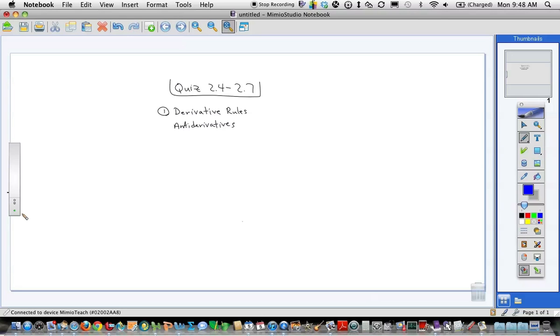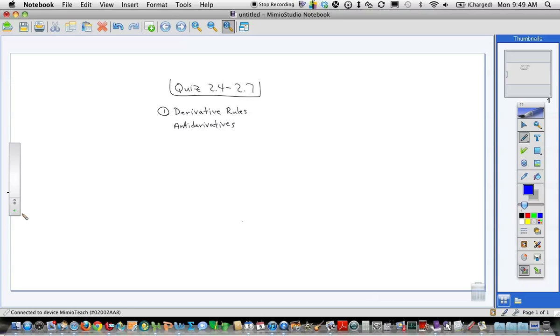We do have one antiderivative rule, which is the power rule, where you raise the power up 1 and divide by the new power. But really the rule for antiderivatives is find the function so that when you take its derivative, you get back to the original function, the one you're starting with.